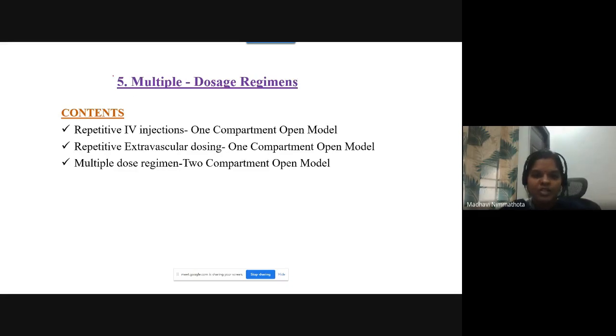Now I am going to start the fifth unit, that is multiple dosage regimens. So here, for taking any type of dose for treating a particular disease, we need to administer our dosage form at particular dose levels.